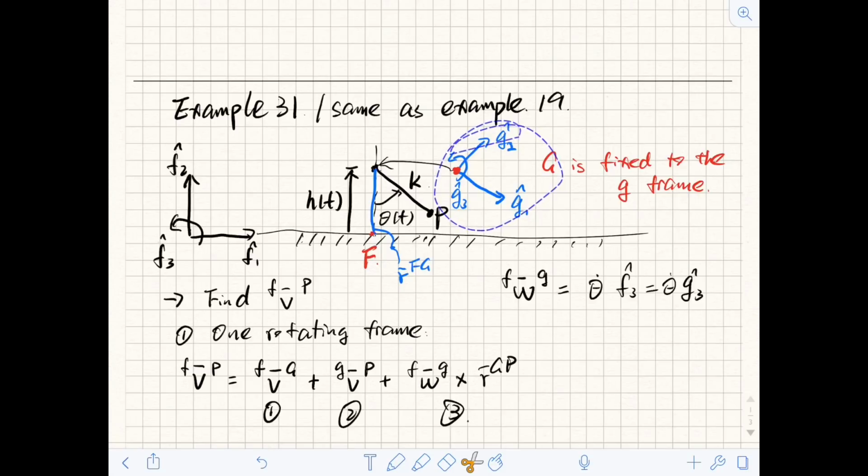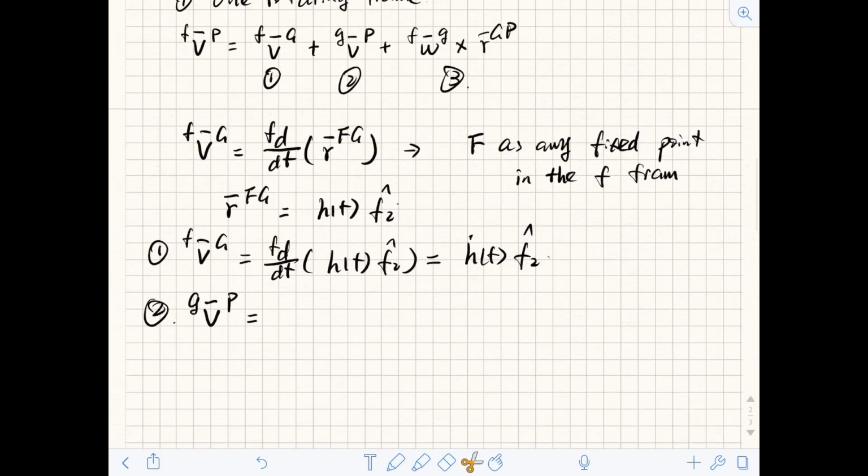So the G1 direction will always be aligned with point P. What we mean by this is the velocity of point P in G is equal to the derivative of the position vector GP.